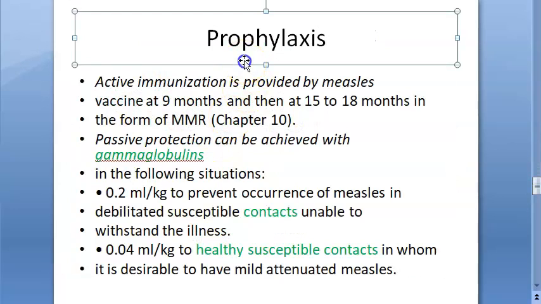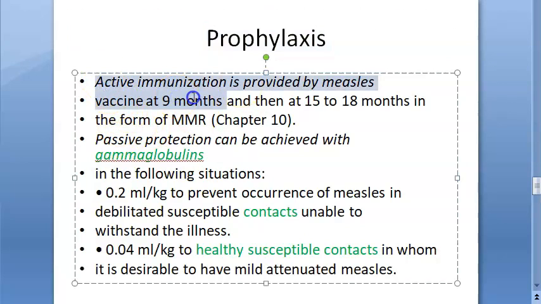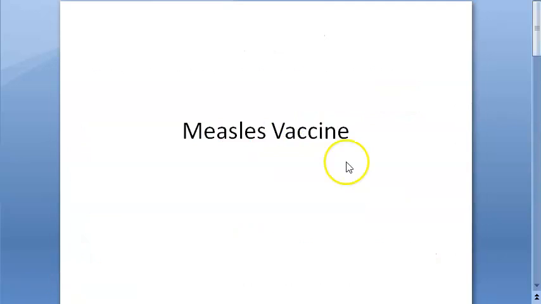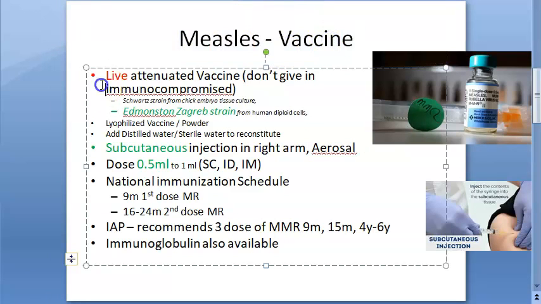Then prophylaxis: how can you stop measles from occurring? You have immunization. So you have active immunization, vaccine at 9 months for the 9-month baby, then again at 15 to 18 months in the form of MMR. We already have a separate video on measles vaccines. It is a live attenuated vaccine, Edmonton Zagreb strain.